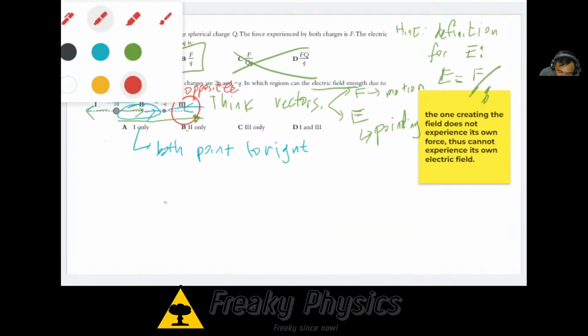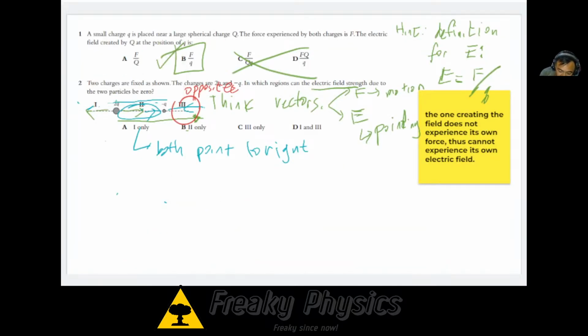It's not asking whether they will, it's just asking for a possibility. So where is it possible to have those electric fields cancel out? Is it 1, 2, 3, or 1 and 3? 1 and 3, because they both go opposite directions. So that's your answer.